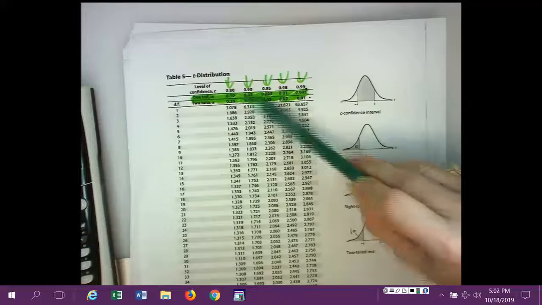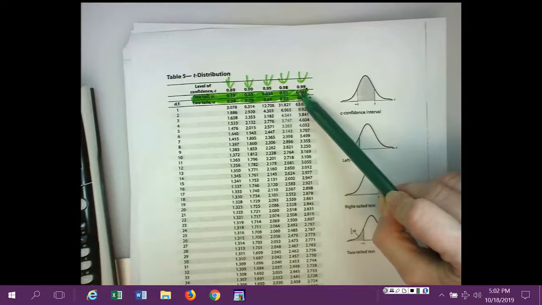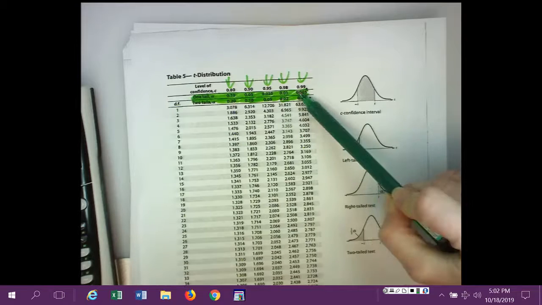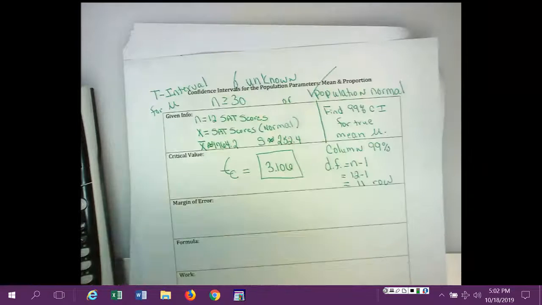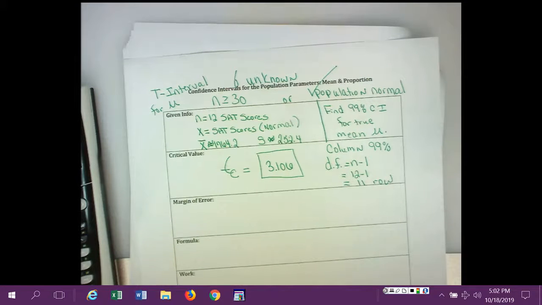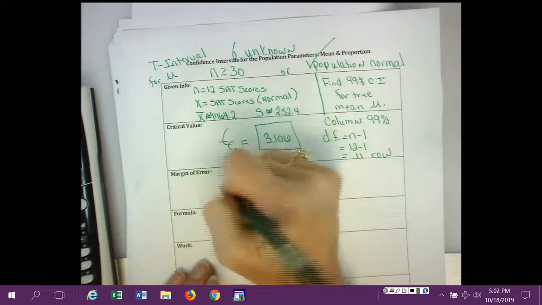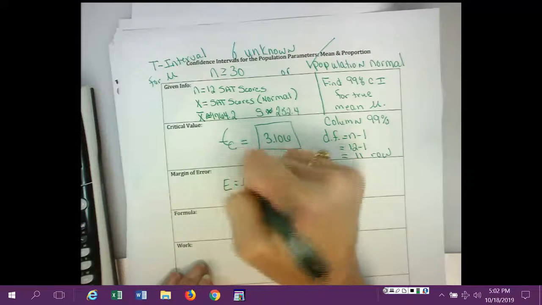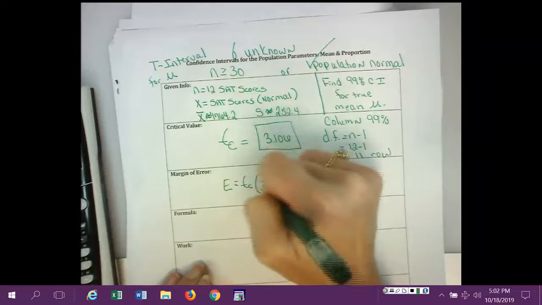These are the only ones I'm allowed to use when it's a t-interval. I say that in opposition to when it is a z-interval for the true mean. I can ask you for a 92% or an 85% or a 96% when it's a z-interval for the true mean.